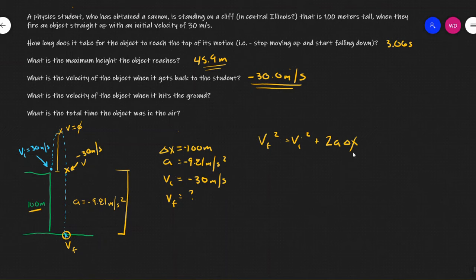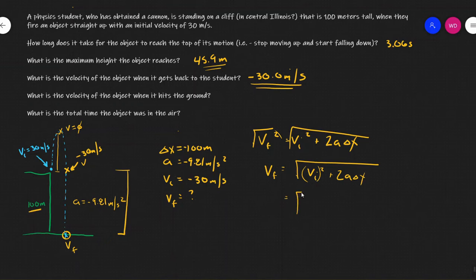All right, so let's see. We can just plug in. The only thing we need to do is square root both sides to get rid of this square. So V final is equal to the square root of V initial squared plus 2a delta x.